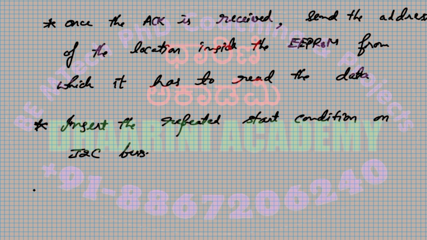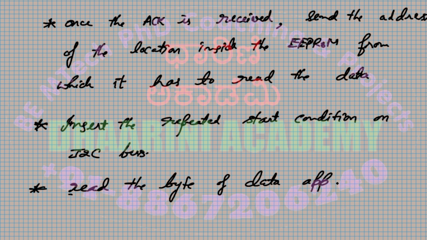When you put the repeated start, the slave, the EEPROM, understands that, okay, now I have to send the data. The slave puts the data on the I2C bus, so simply read it. So read the byte of data that appears on the I2C bus. Simply you have to read it.